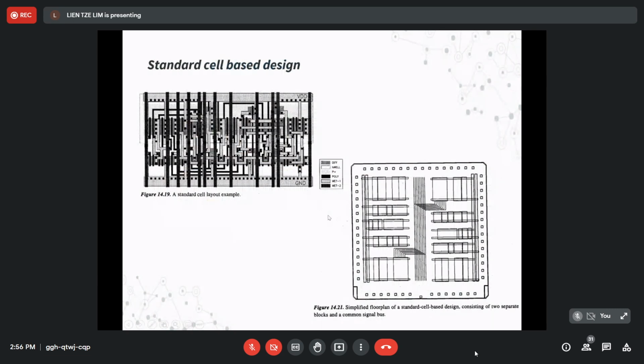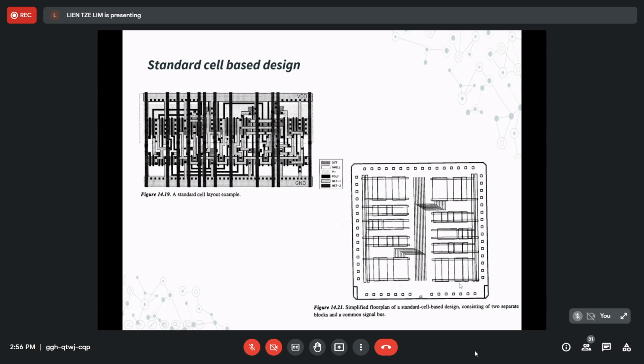About standard cell based design, this is a floor plan of a standard cell based design. All these are standard cells, and with all the input output pins, we call this a floor plan.